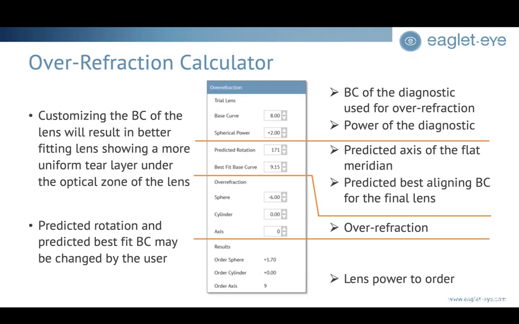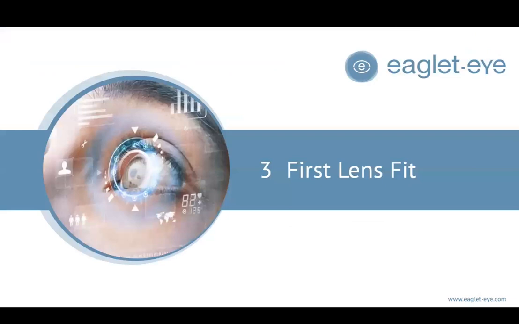We know that if we change a base curve, that's going to affect power, because a steeper or flatter lens would have more plus or minus in the power. We can use these to automate it and empirically calculate changes, to best determine a lens power to order even after we make modifications within the software.